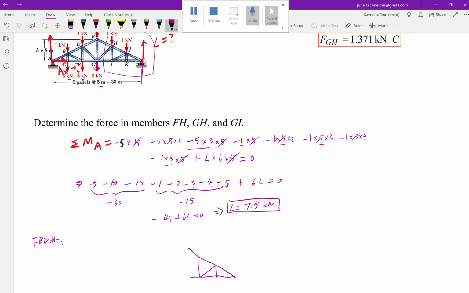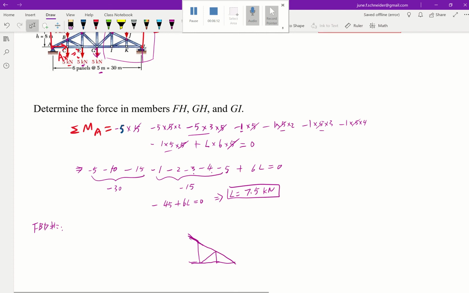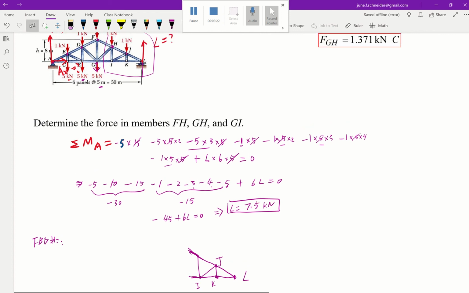Okay, so what do we have here? We'll have our L, our K, and J, and our I, and H, right?